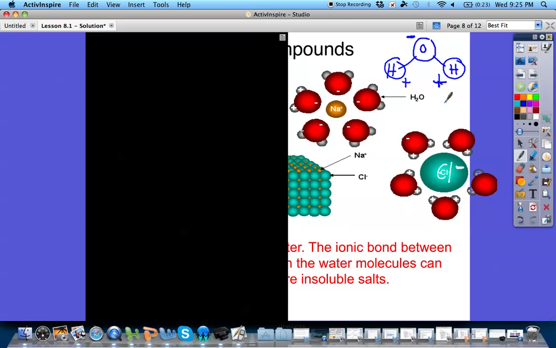So the opposites attract. A positive is going to attract a negative. So our positive ion is going to attract the oxygen end of water, the negative side. Our chlorine, which is negatively charged, is going to attract the positive end of water.